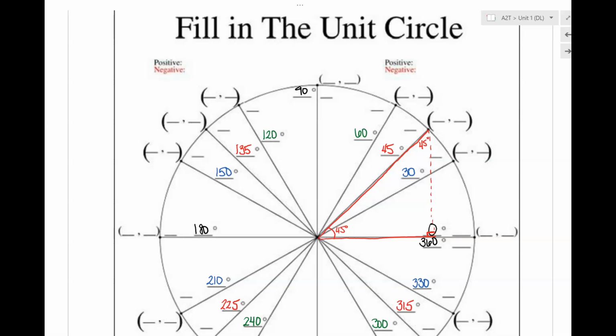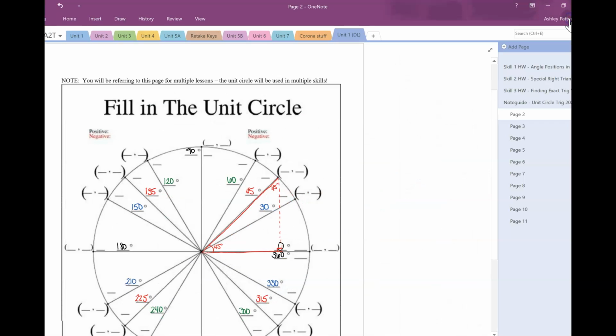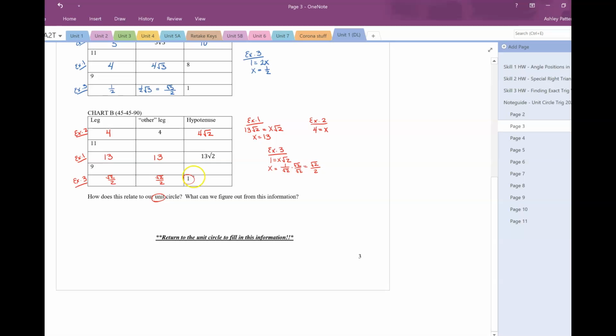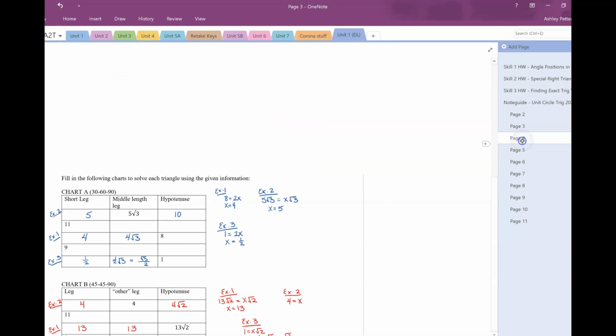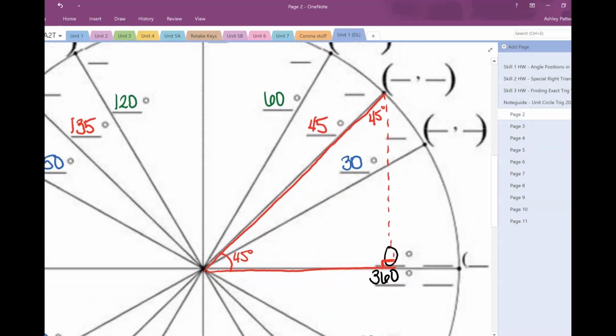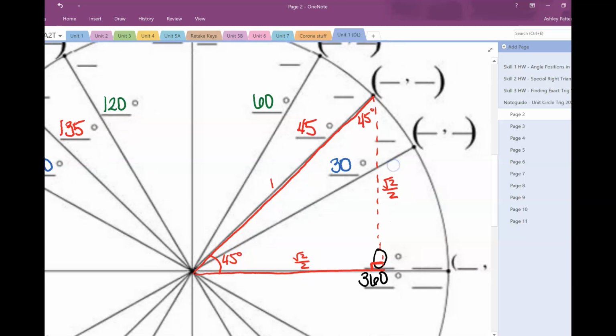From what we just saw, and you guys can flip back and forth a little bit easier than me, sorry, for the 45, 45, 90, its hypotenuse is 1, which is what the unit circle gives us because the radius is 1, then the legs are rad 2 over 2. So that means that this leg is rad 2 over 2. Our hypotenuse is 1, and this leg is rad 2 over 2. Well, what does that mean for the coordinate right here?